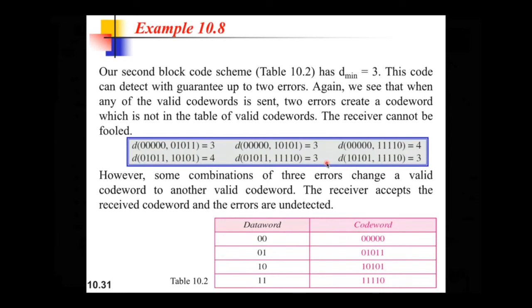Minimum Hamming distance is 3. How many bits of errors we can detect with guarantee? One less than minimum Hamming distance. Our Hamming distance is 3, so we can detect up to 2 errors with guarantee.